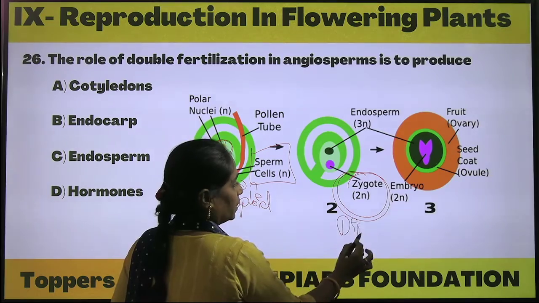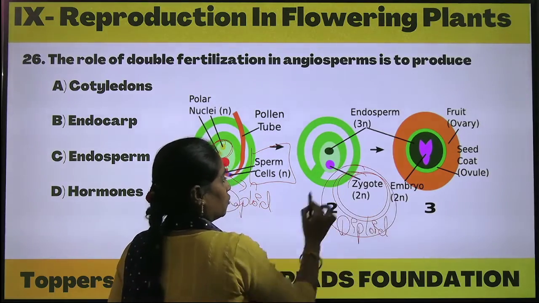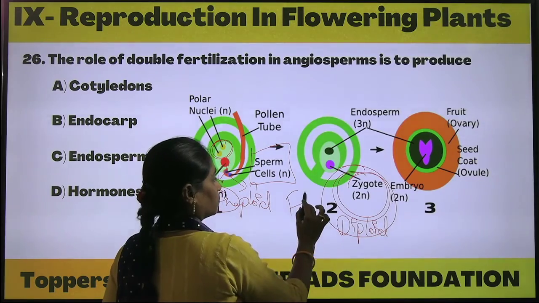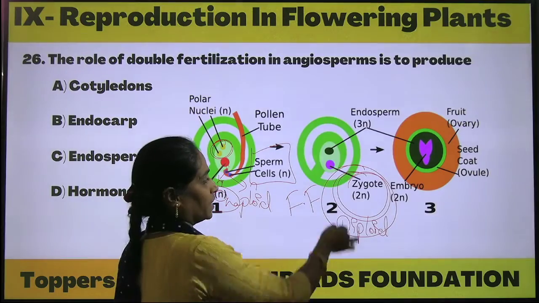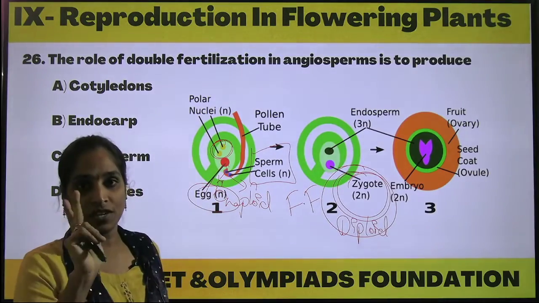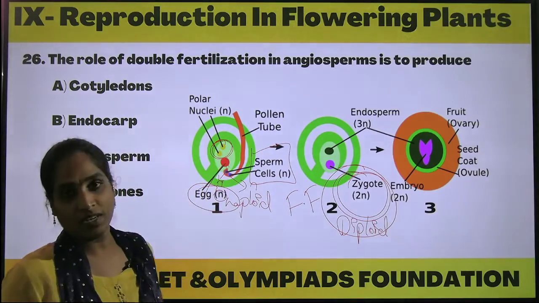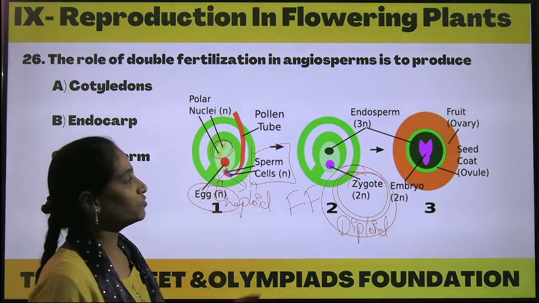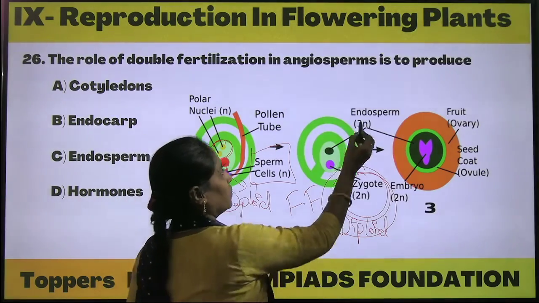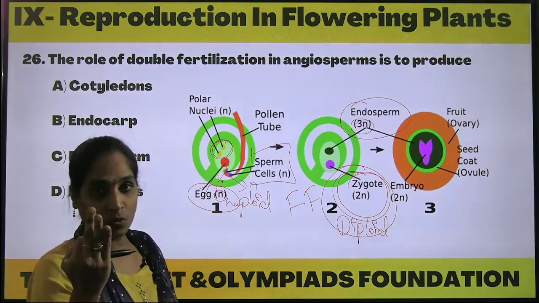Zygote will be in a diploid condition, right? And this is the first fertilization, right? And after that we can observe the second sperm cell reaching the central cell, and within this the two nuclei participate in the fusion, and there we can observe the 3N nuclei, count 3, right?